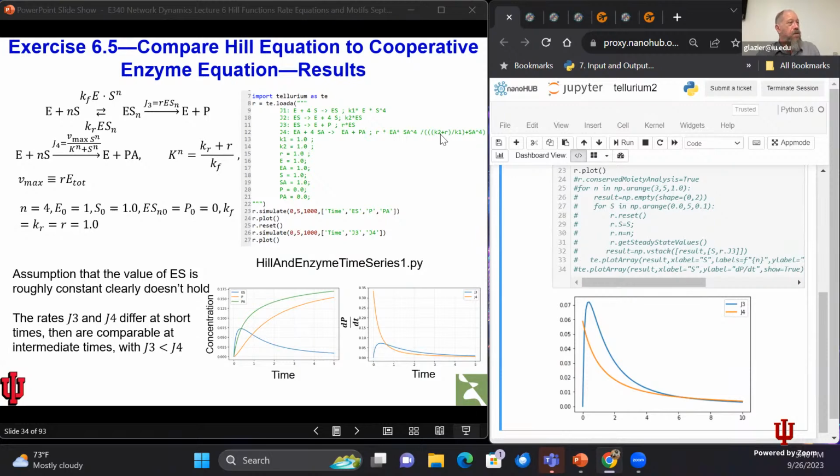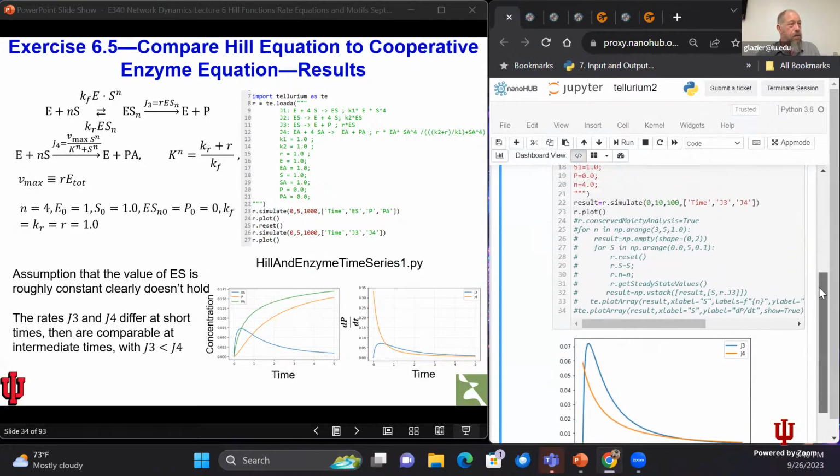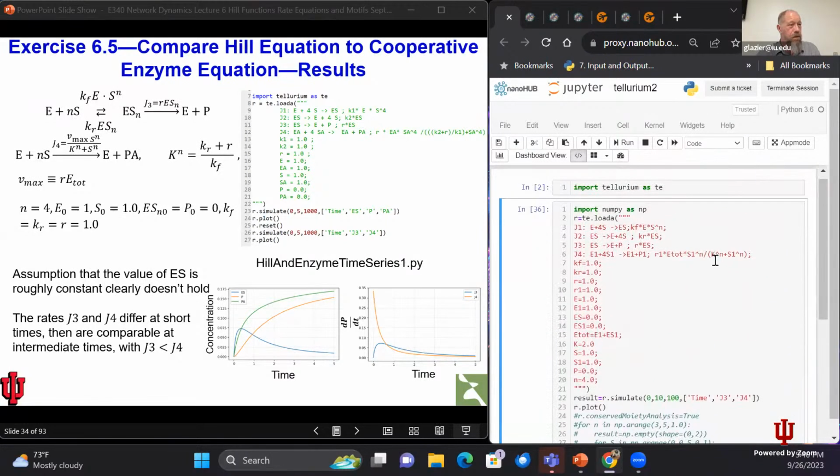I should have K2 plus R divided by K1 in the denominator. So let's see, let me put this in the way it's actually supposed to be written here. K2 plus R divided by K1. And then I called that SA instead of S1, but otherwise that's correct.